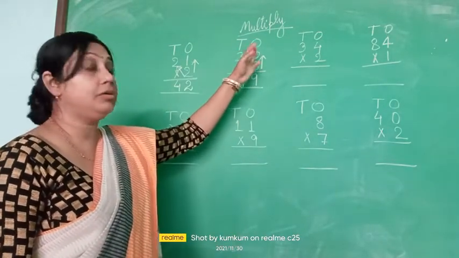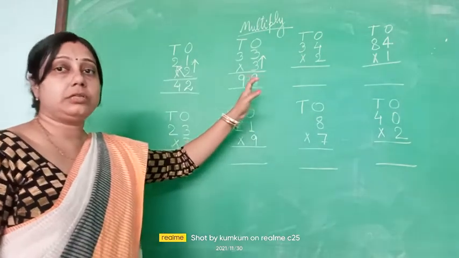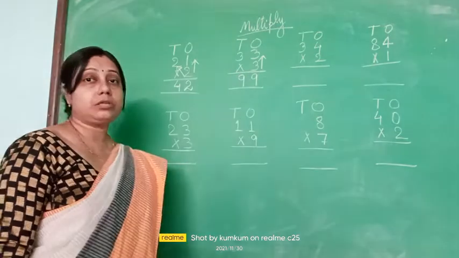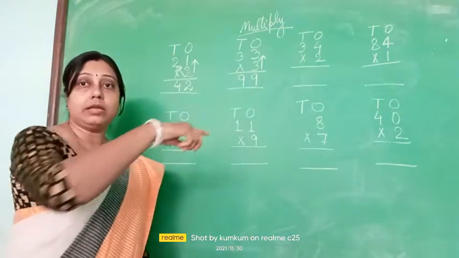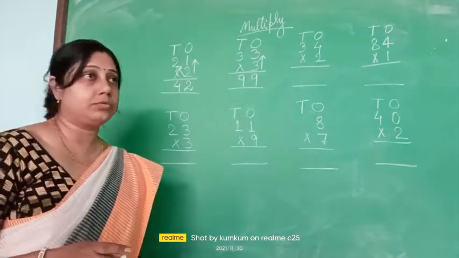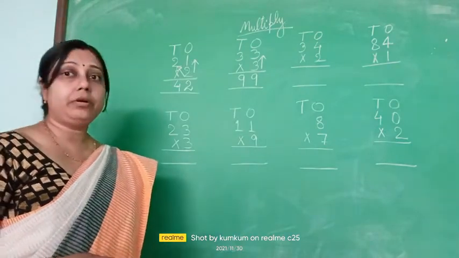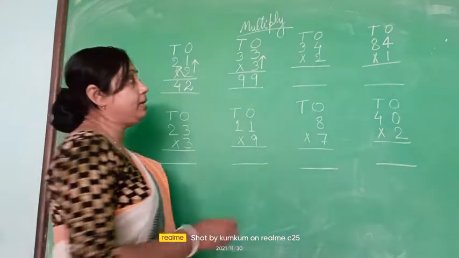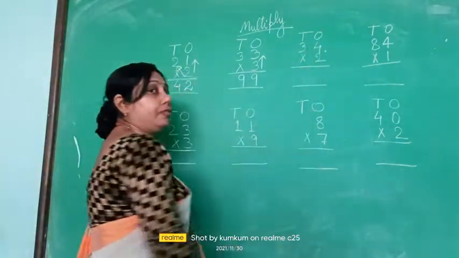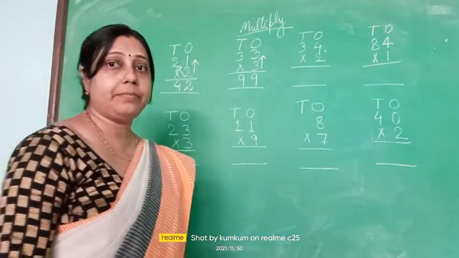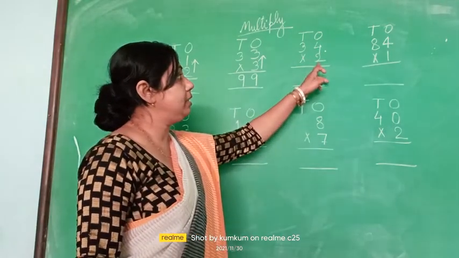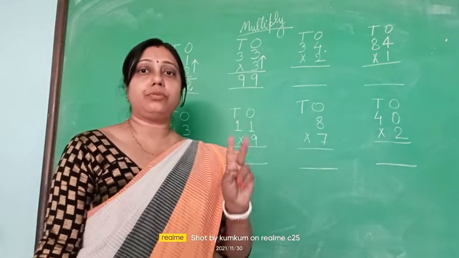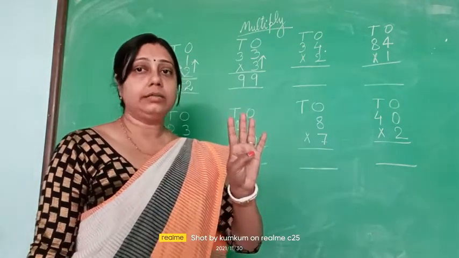Always put T and O before multiplying, because it will help you to build the concept of place values, because first we have to multiply the ones house, then only we will go to the tens house. Next one, 34 multiplied by 2. Now, first we will multiply 2 into 4 or 4 into 2, both answers are the same. 2 ones are 2, 2 twos are 4, 2 threes are 6, 2 fours are 8.